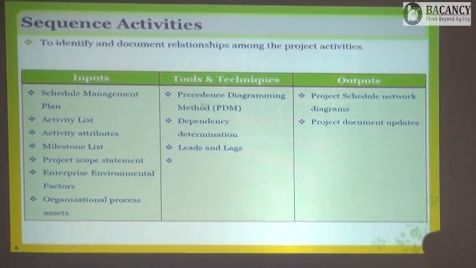This is called your precedence diagramming method. Which activity is preceded by what? We will do the dependency determination, that is mandatory, discretionary and internal, external. We will identify for each activity what dependency it has on others, and we will use our leads and lags.